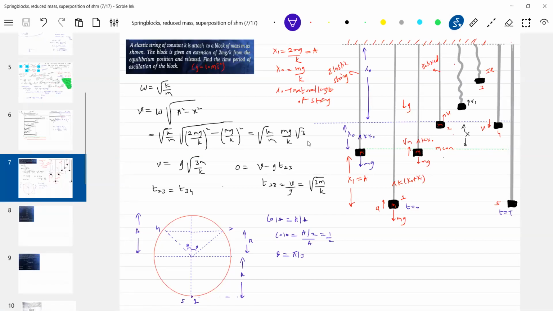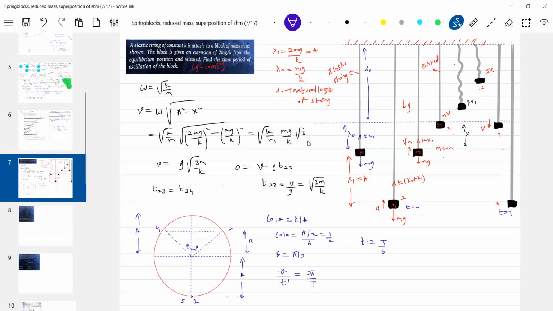Okay, let me use some symbols. T_SHM, I'll write it. T_SHM should be equal to, okay, this time we will calculate: T into some T dash equals 2 pi by T. So what will T dash be? T dash is equal to, theta is how much? Pi by 3.